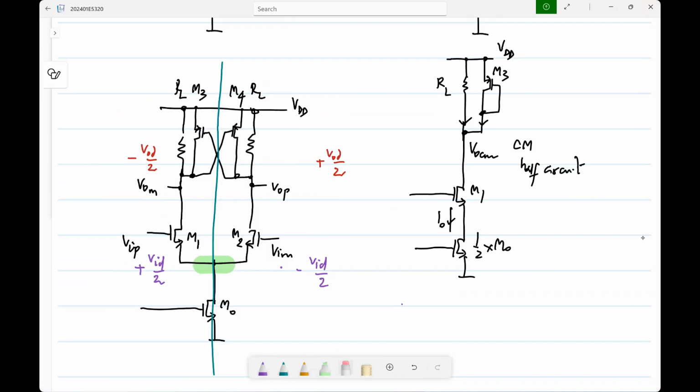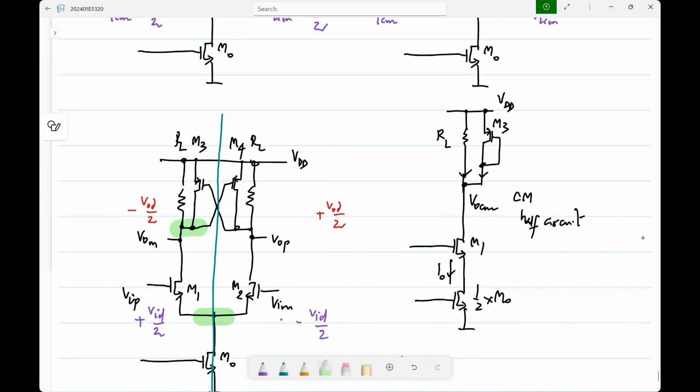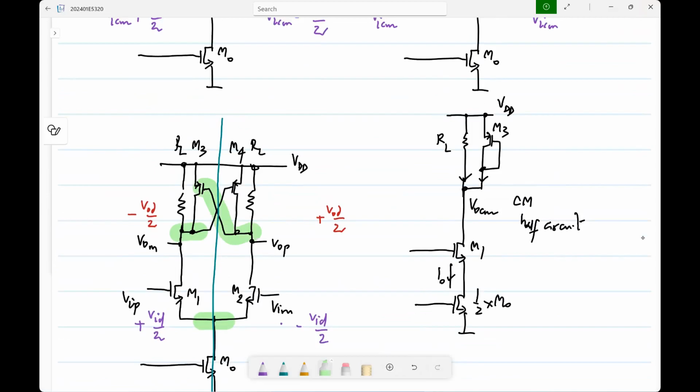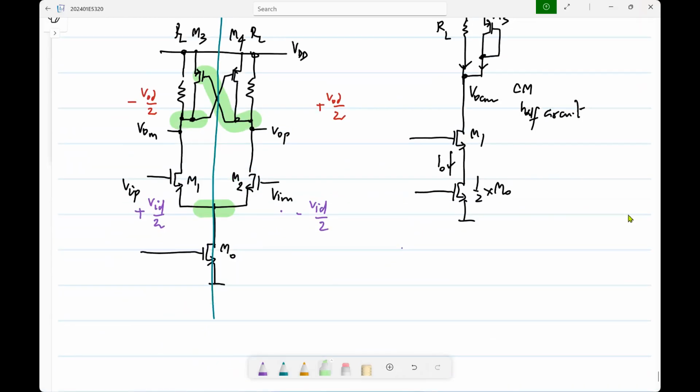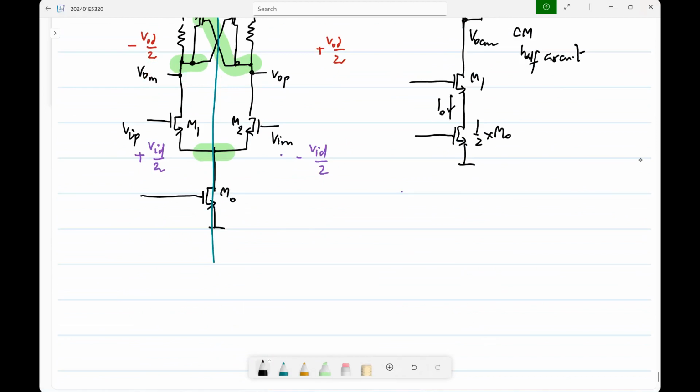Okay, it's not that these two will be at 0. Okay, so you see that, for instance, this voltage is at minus VOD by 2, and the gate of this M3 is at plus VOD by 2. Okay. So the correct differential half circuit is you have RL.